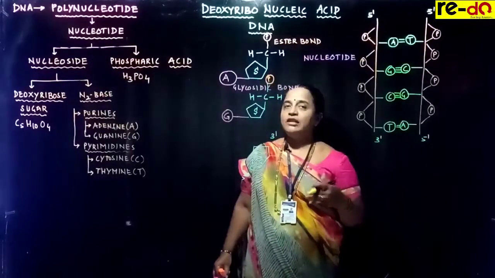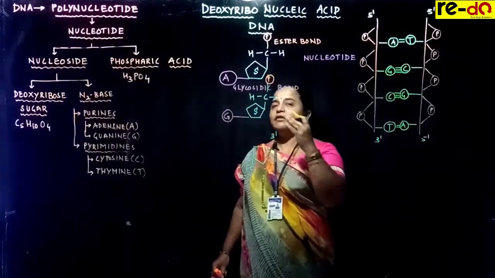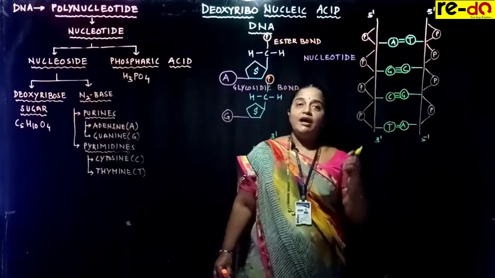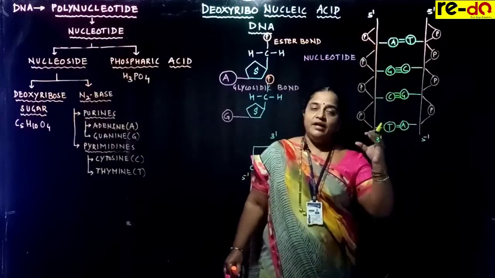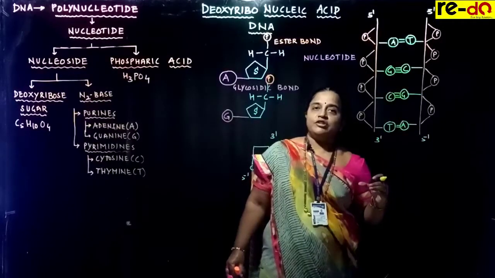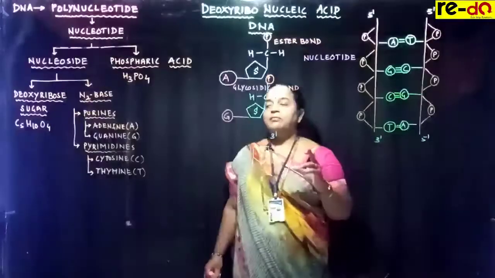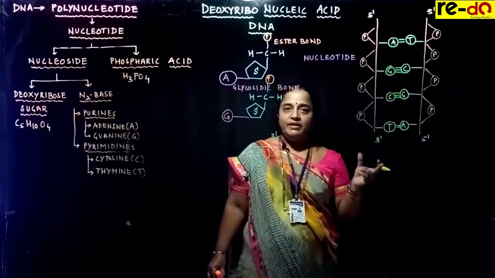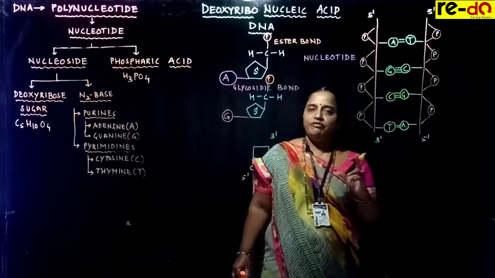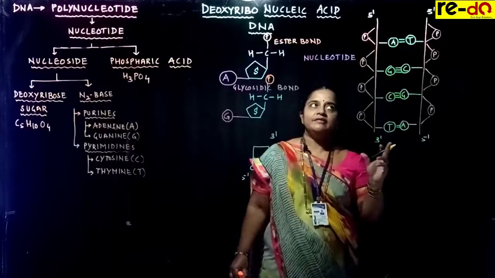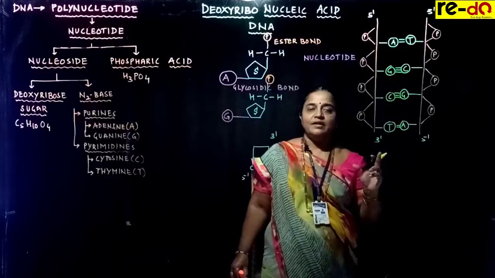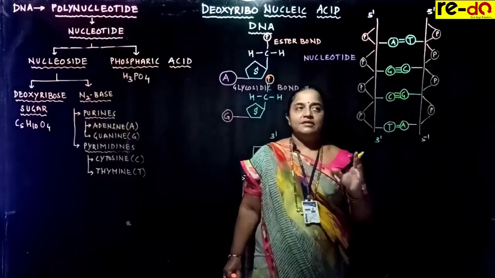So variation lies in the base, where sugar and phosphate remain same. So variability in the particular DNA structure is because of the pairing. Pairing is between nitrogen bases, and this pairing, you should not forget that adenine pairs with thymine and guanine pairs with cytosine, and vice versa.